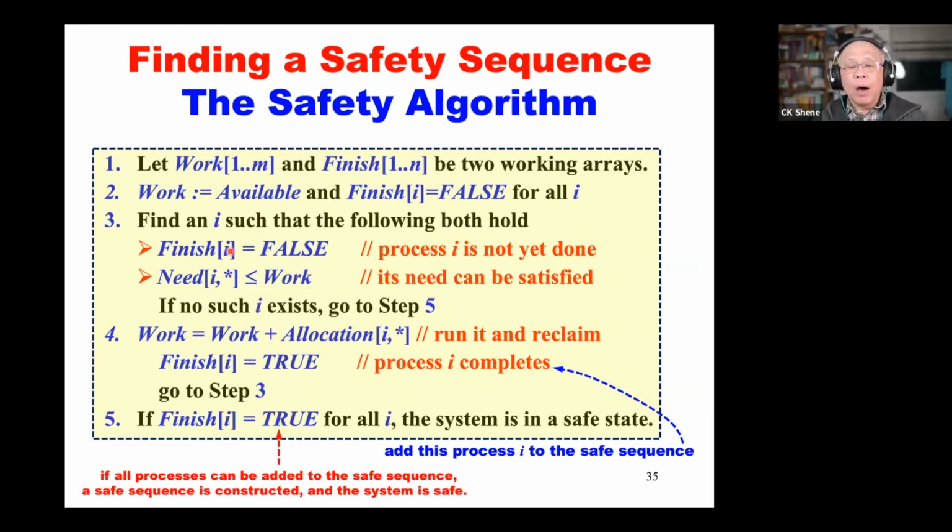So if I find one that fits the current system resources available, then I could run it, return my resources, and I'm done. And the one we find here is one more process in the safe sequence.